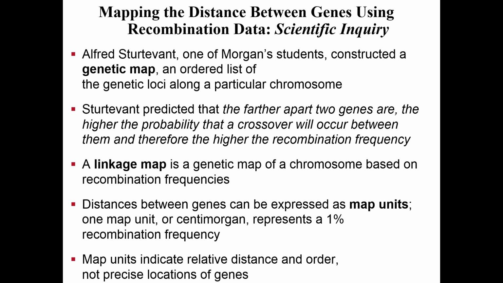It's an approximation. Your recombination frequency can be used to calculate map units. A recombination frequency of 1 is 1 map unit, and a recombination frequency of 2 is 2 map units. So map units are a measure of distance or order.